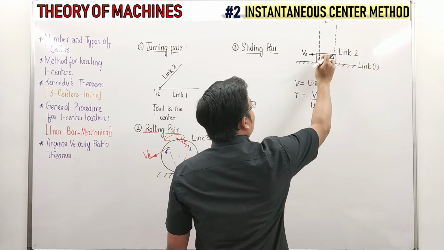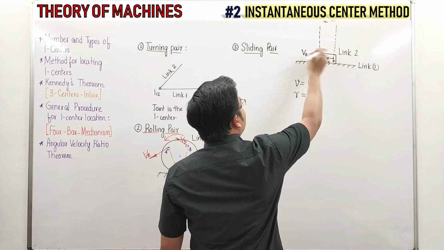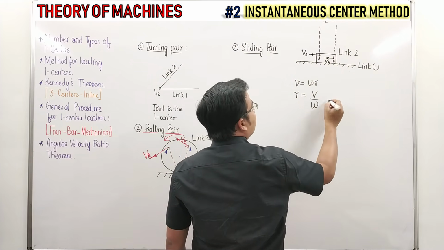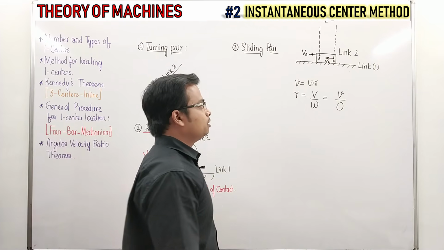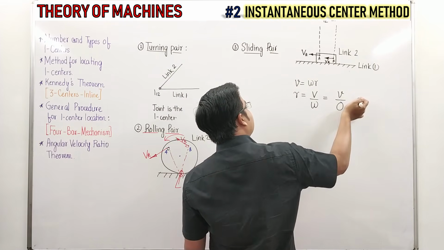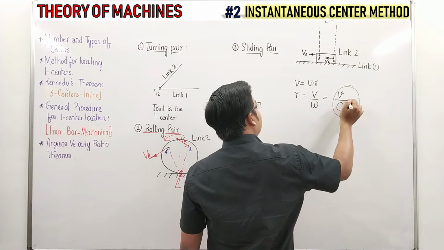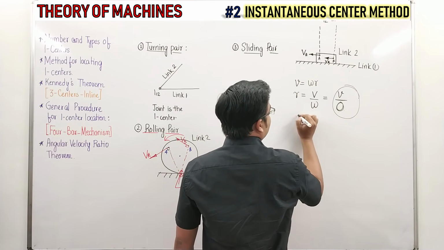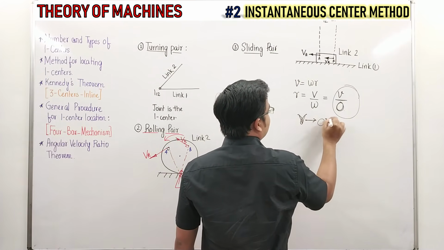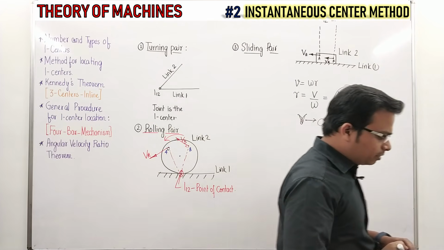Now both of these are linear velocities. There are absolutely no angular velocities, that means omega is going to be 0. If there is no angular velocity, then if in the denominator we have a term as 0, then obviously R will tend to infinity. So this is also a logic with which you can perceive.